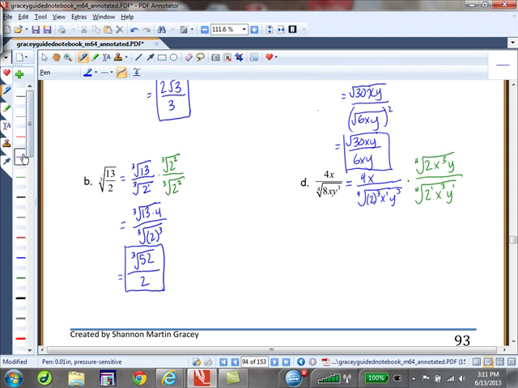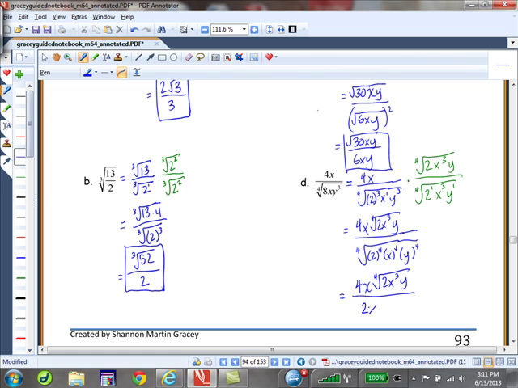So then we will have 4x times the 4th root of 2x cubed y over the 4th root of 2 to the 4th, x to the 4th, y to the 4th. When we multiply those together, this will be 4x times the 4th root of 2x cubed y over 2xy. Are we done?